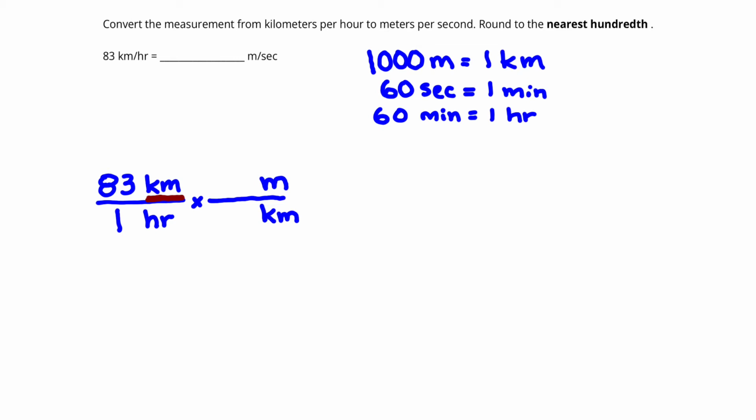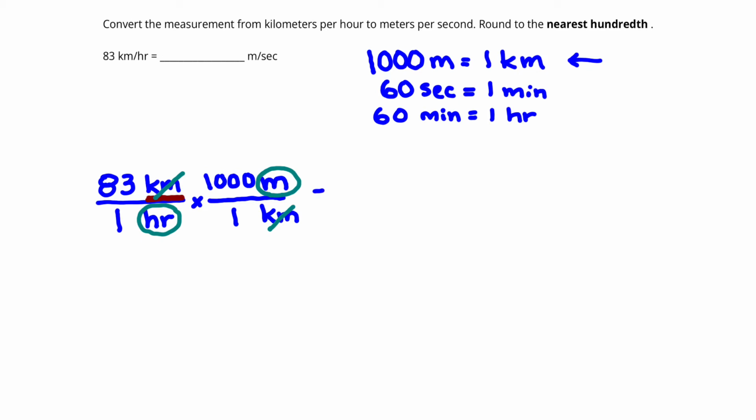Now, what's that relationship? The relationship is that 1 kilometer is equivalent to 1,000 meters. And so if I set up this fraction just like this, then my kilometer units cancel, leaving me with just meters in the numerator and hours in the denominator.